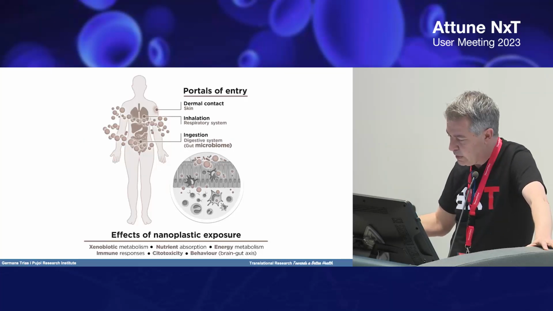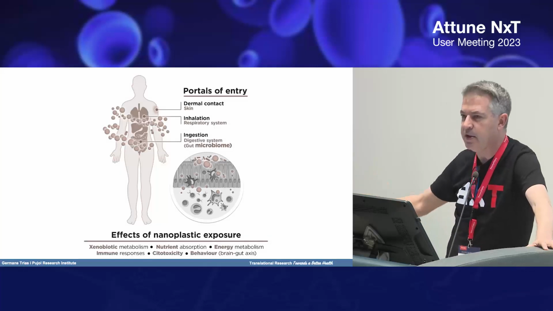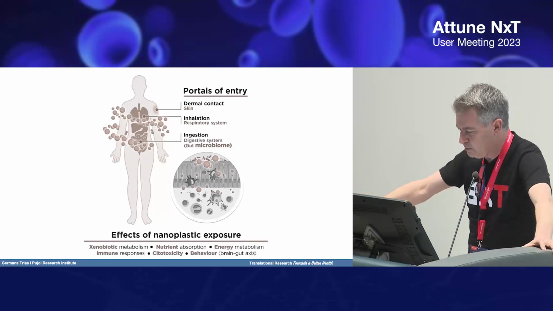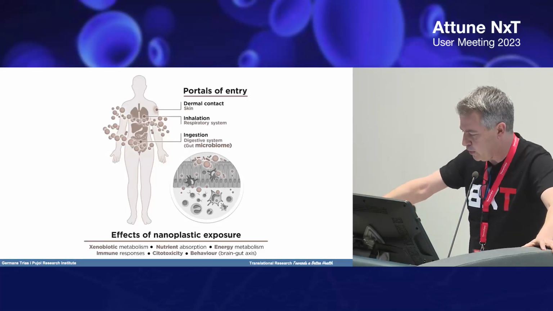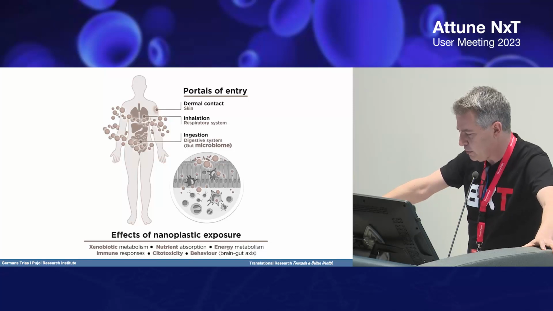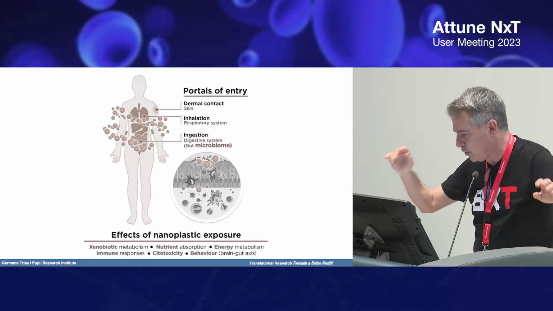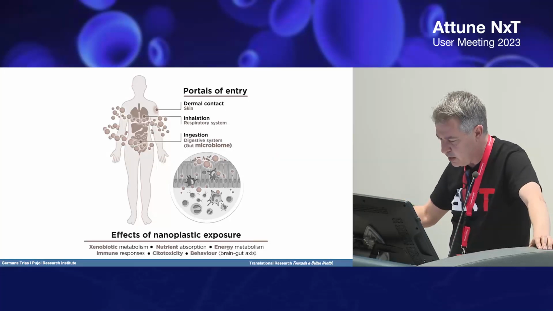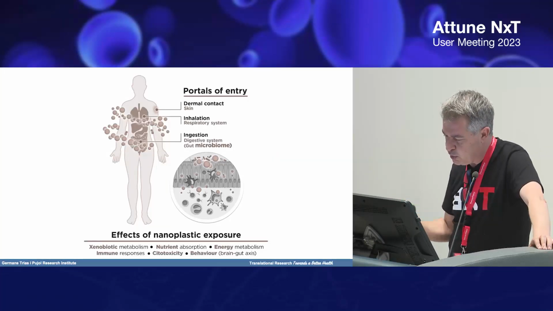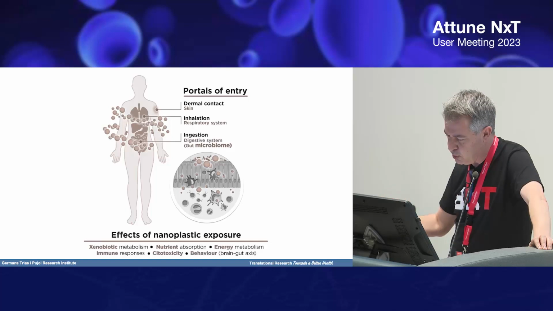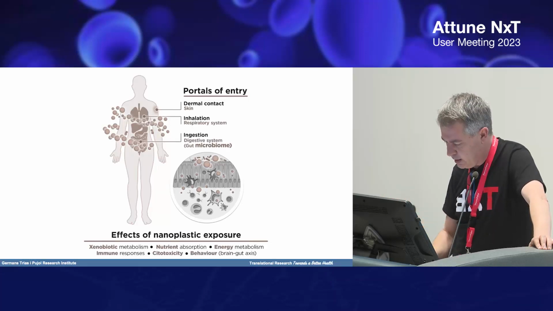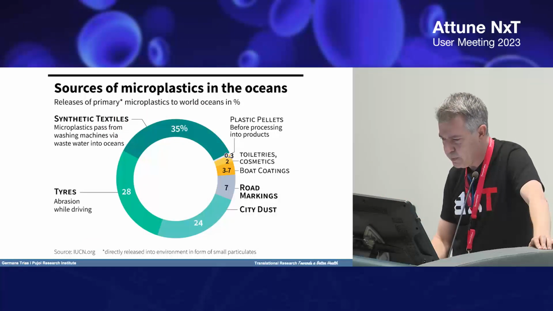And some other people are trying to study the cytotoxicity of these plastic particles, performing in vitro experiments with nematodes and other single organisms. And this can also be affected. This nanoplastic exposure can also affect our behavior.